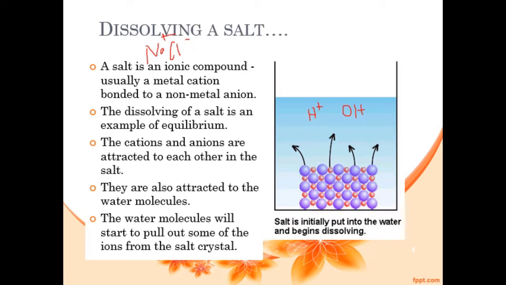Okay, so Cl minus is attracted to H plus and Na plus is attracted to OH minus. Therefore, this water molecule will start to pull the ions out of the salt crystal. Okay, and this is the mechanism of salt dissolving in solvent.